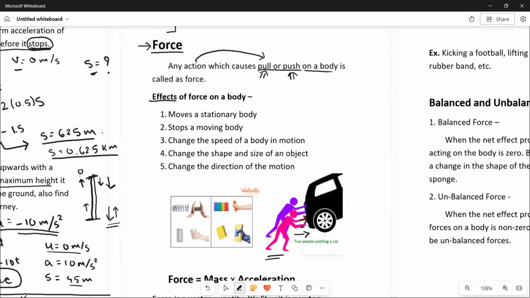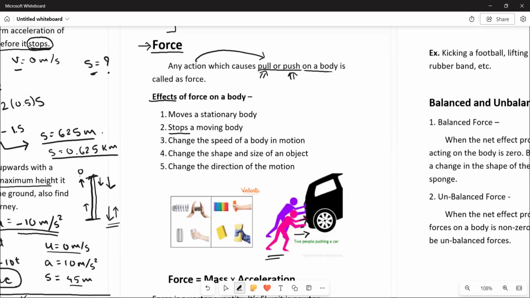Similarly, it can also stop a moving body. A force can move a body as well as stop the body. It will move the body when the force is in the same direction as that of the motion in which we want.